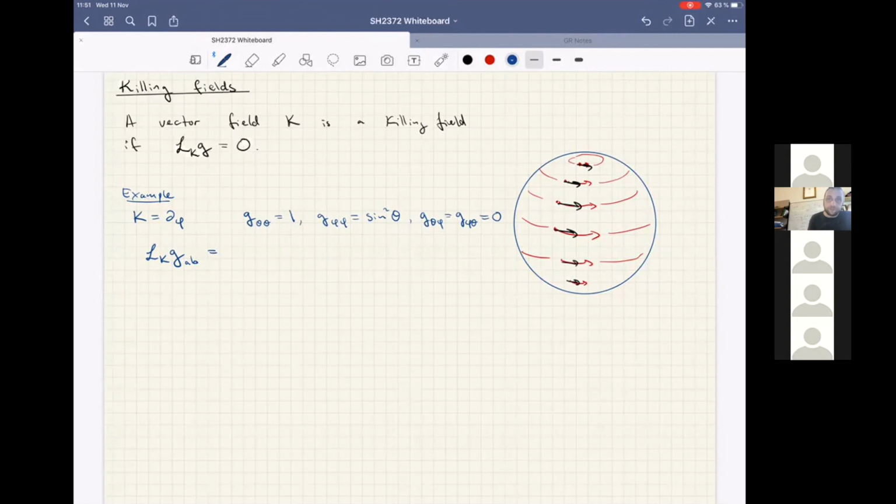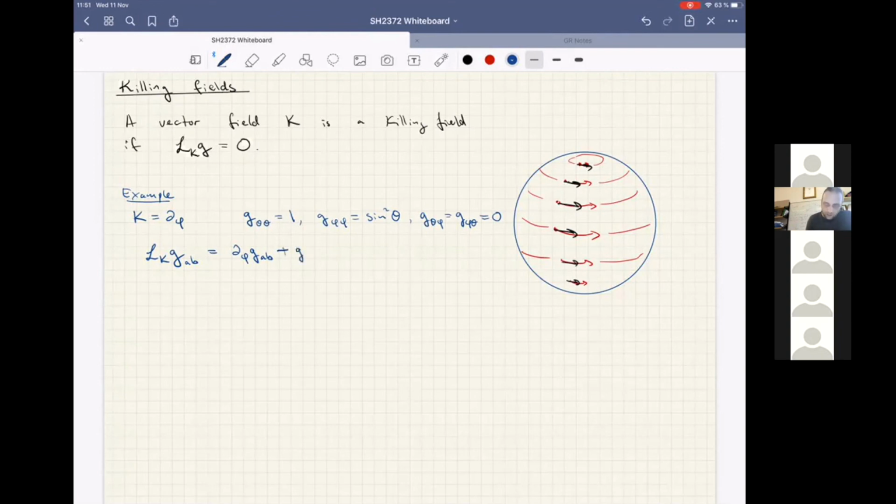In general, it's going to be given by ∂_φ acting on g_AB. So that's the derivative of the metric. And since I have a second order tensor, if I take the Lie derivative of a (0,2) tensor, I'm going to have two terms with a plus sign.